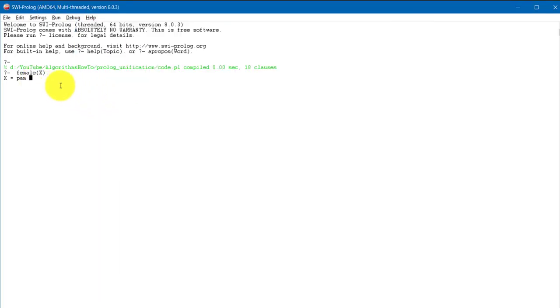So how is Prolog answering this question? That is where the concept behind matching or unification lies.